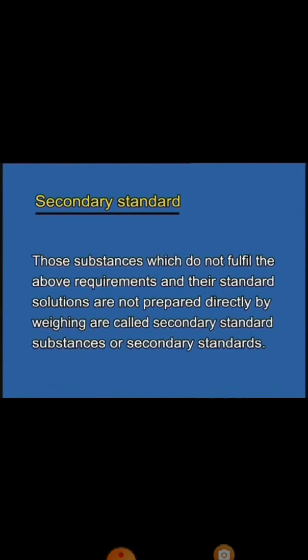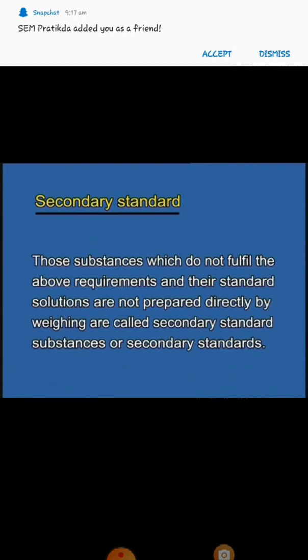Those substances which do not fulfill the above requirements, and whose standard solutions are not prepared directly by weighing, are called secondary standard substances or secondary standards.